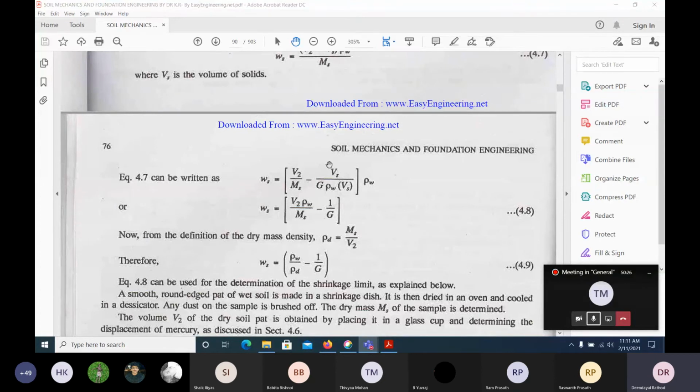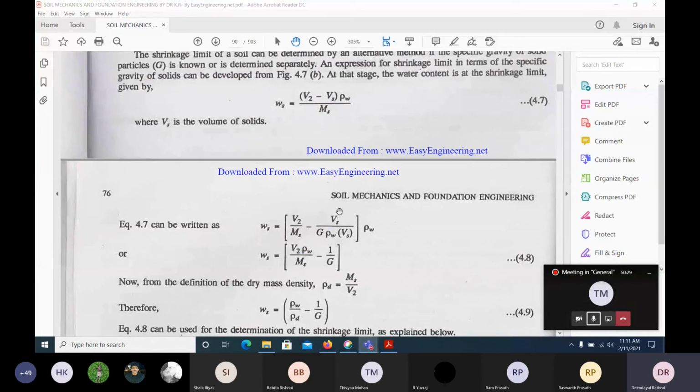How have we done it? The same formula we applied here. What we have done is brought in G. What is the definition of G? Density of solids to the density of water of equal volume. Density of solid is nothing but the mass of solid by the volume of solid. Density of water you keep as it is. You substitute here and you will get this.